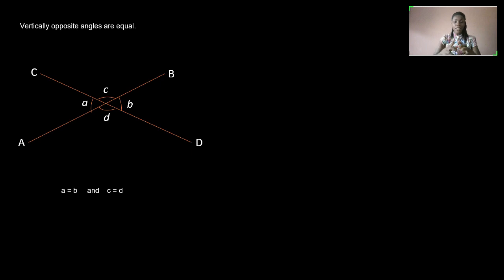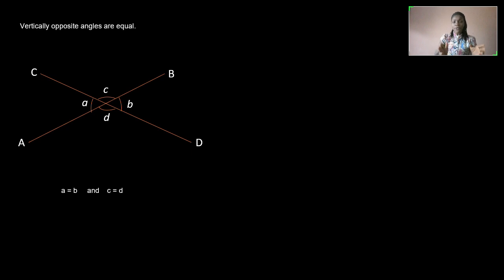They are facing each other vertically. And if you watch again, angle C and angle D, they are also vertically opposite. So what it means is that angle A is equals to angle B.